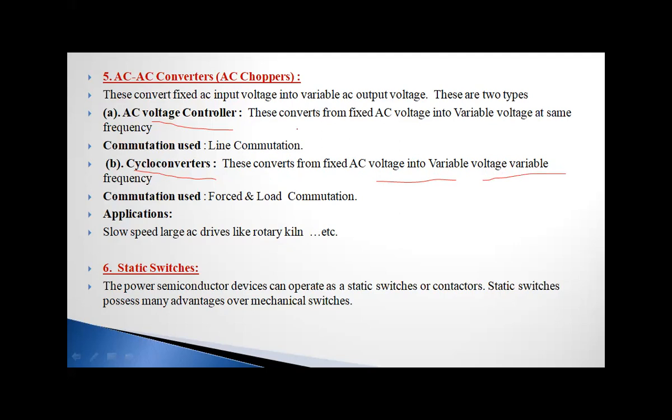Input AC, output AC. But on the output side, what are we getting? Variable voltage, and the frequency also changes. That is the function of the cycloconverter. But in the case of the AC voltage controller, it converts fixed AC input voltage into variable AC output voltage without change in frequency. That is the small difference. Clear?